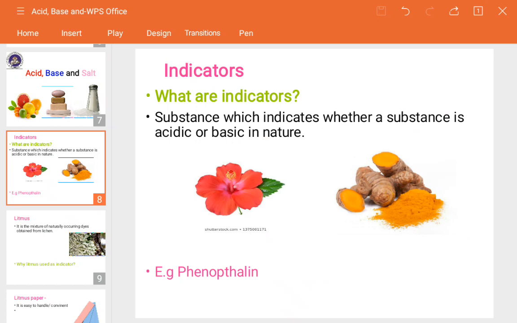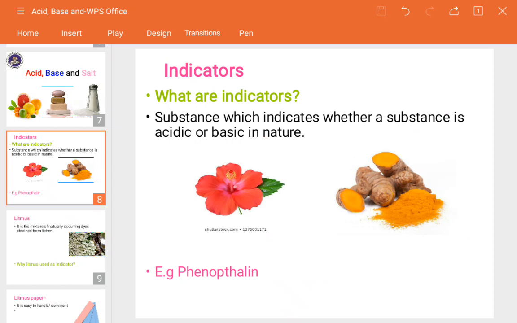So an indicator is a substance that can determine if another substance is acidic or basic in nature. The indicator indicates the presence of acids or bases in a substance by changing its color. If the color changes to red or blue, it shows the acid or the base.